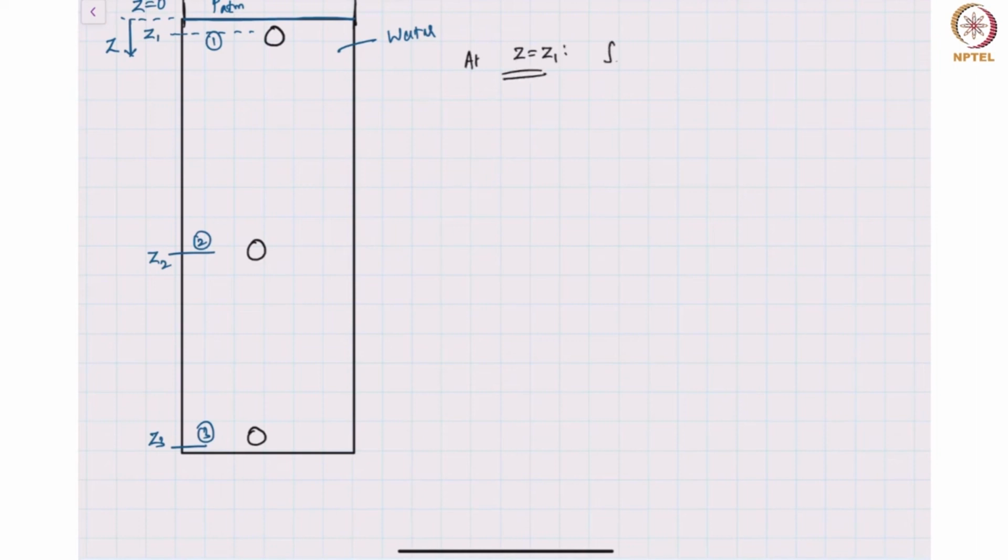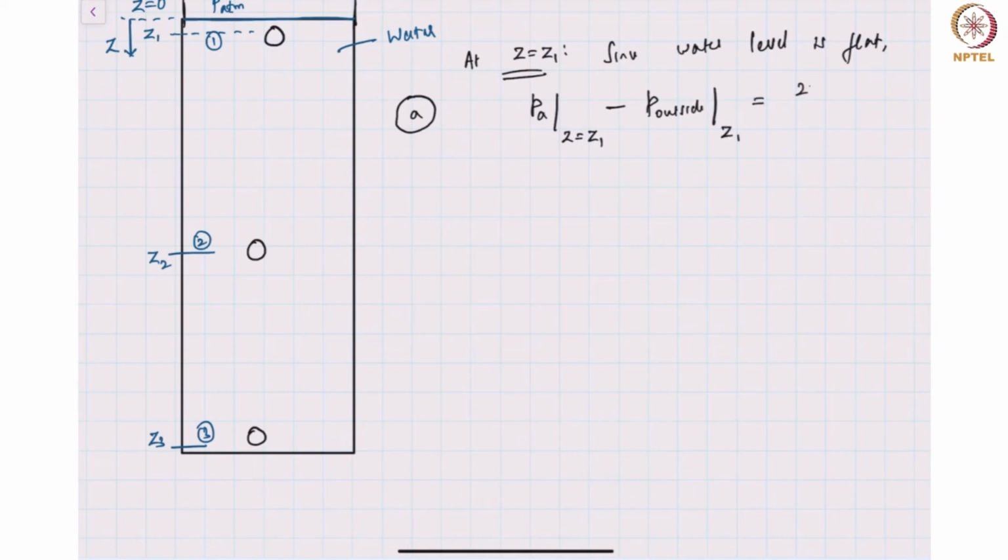Since the water level is flat, and we have air inside the bubble as well as air in the atmosphere, the pressure of the air inside at z1 minus P outside at z1 will be 2 gamma by r, where gamma is the surface tension.